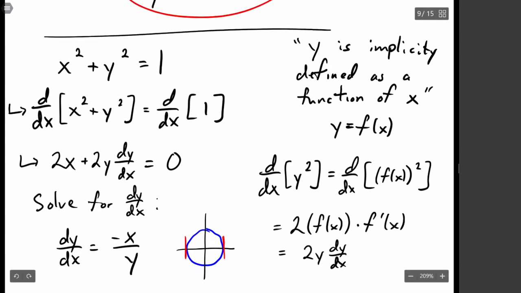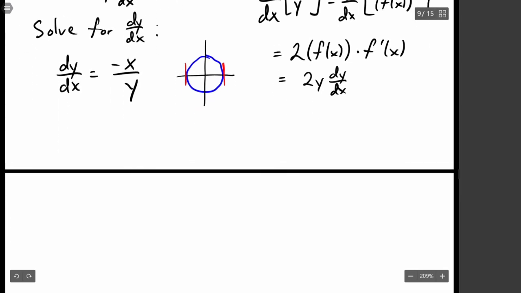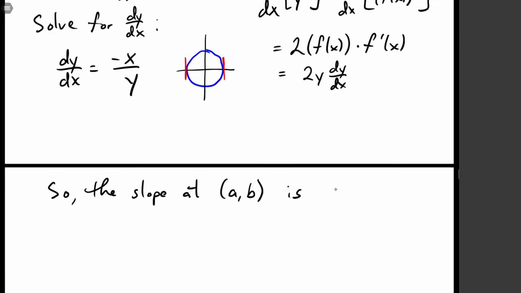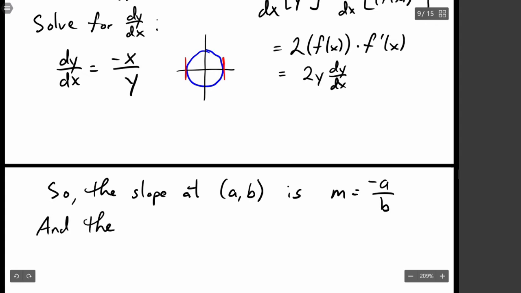All right. So let's finish off the problem then. The slope at the point (a, b) is m equals, it's just plug (a, b) into this. So minus a over b. And the tangent line, that shouldn't be capital.